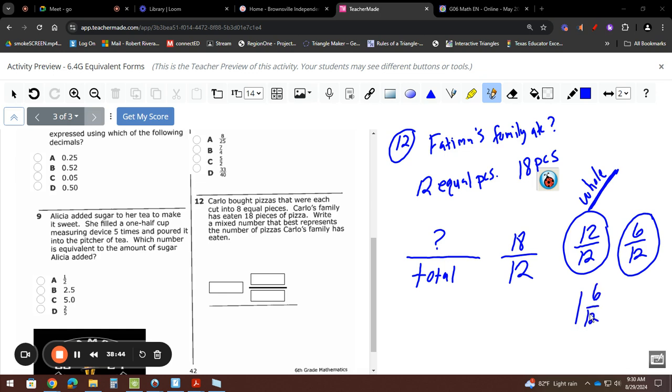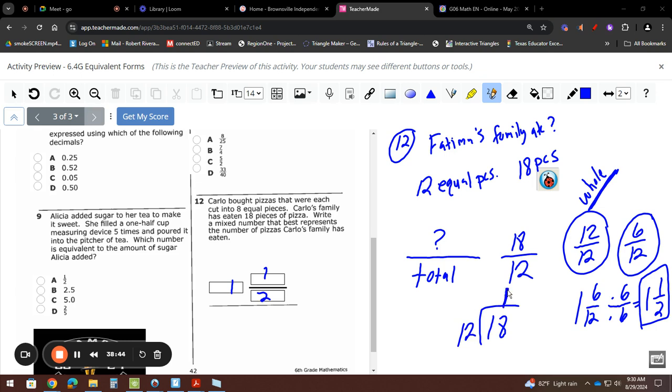But then I need to simplify. Divided by 6, 6/12 would be 1/2. That's what I would punch in here. 1.5 for Fatima's situation. For yours, it's gonna be whatever you get. Now another way you could do this is to divide 18 divided by 12, because it's improper.